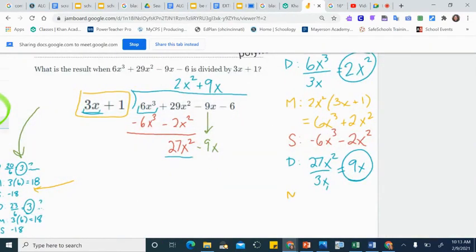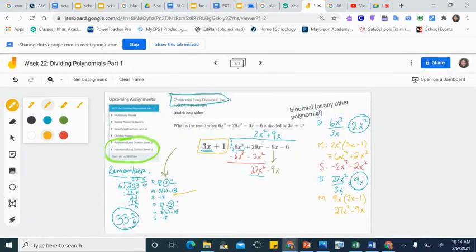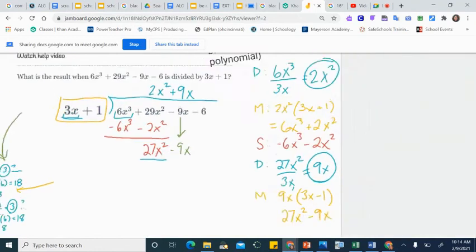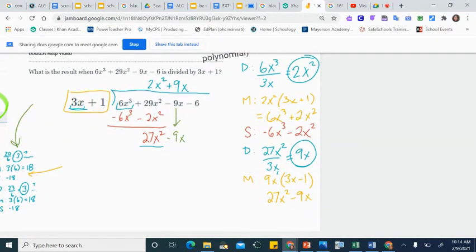Now we're going to multiply the answer we just got times the whole thing out front, 3x plus 1, the whole thing that we're dividing by, and distribute. 9x times negative 1 is negative 9x. And then subtract.